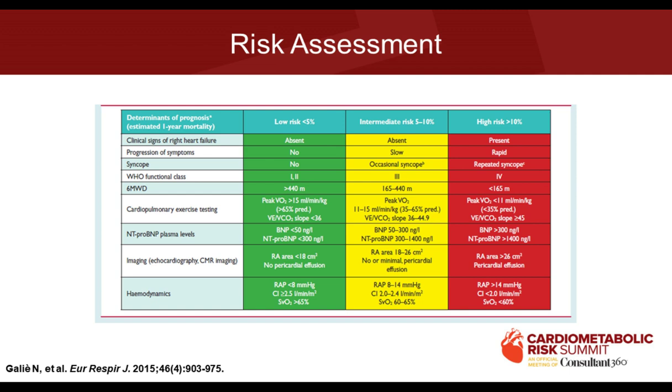We do a risk assessment at the beginning, and we also repeat this after 3 to 6 months in deciding whether to add on therapy. And the most important findings are going to be symptoms, how short of breath, what's their functional class. Walk distance, remember our patient in the example had a walk distance of 300 meters, which would be in the intermediate risk range there.